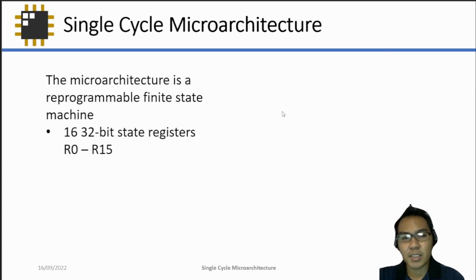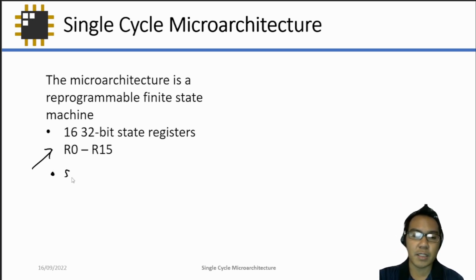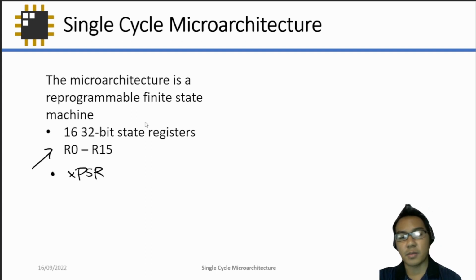Now, there's this thing called the architectural state of the computer, and that is attached to the 16 32-bit state registers, and also, say for example, all of the status registers, the XPSR. So the status registers will be also part of the computer state.